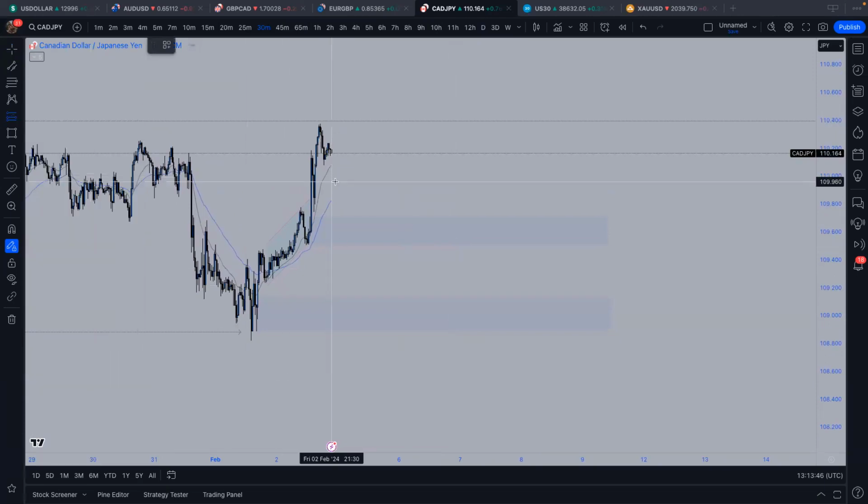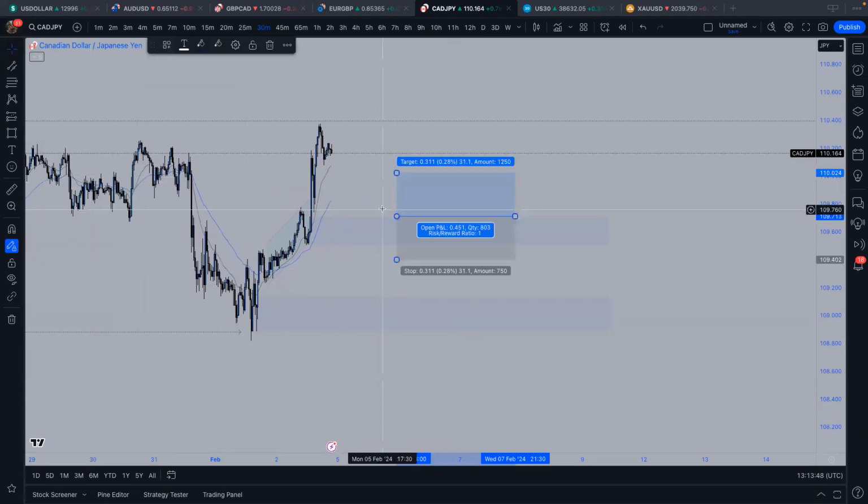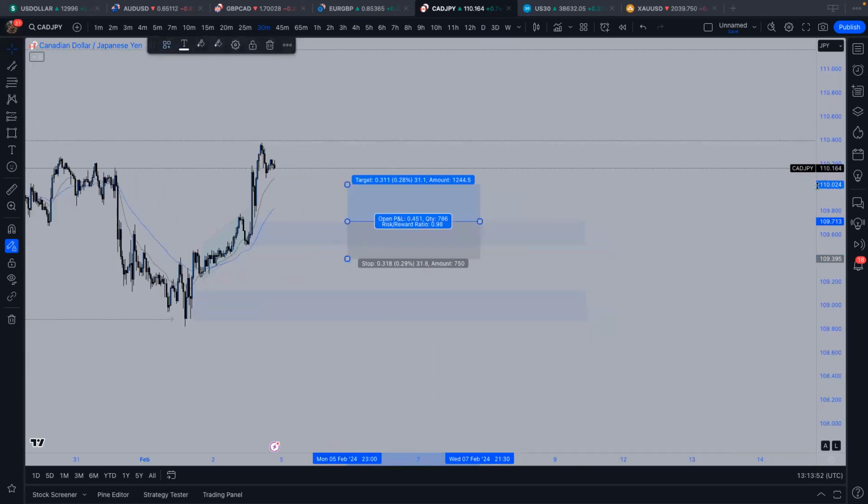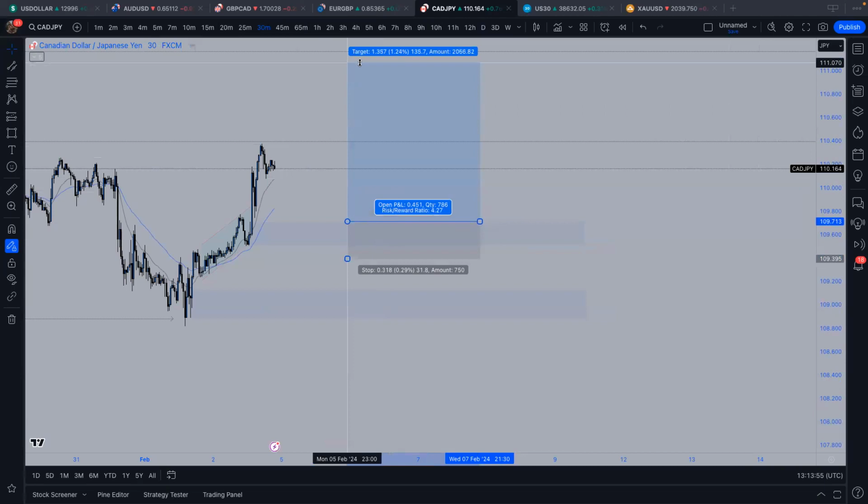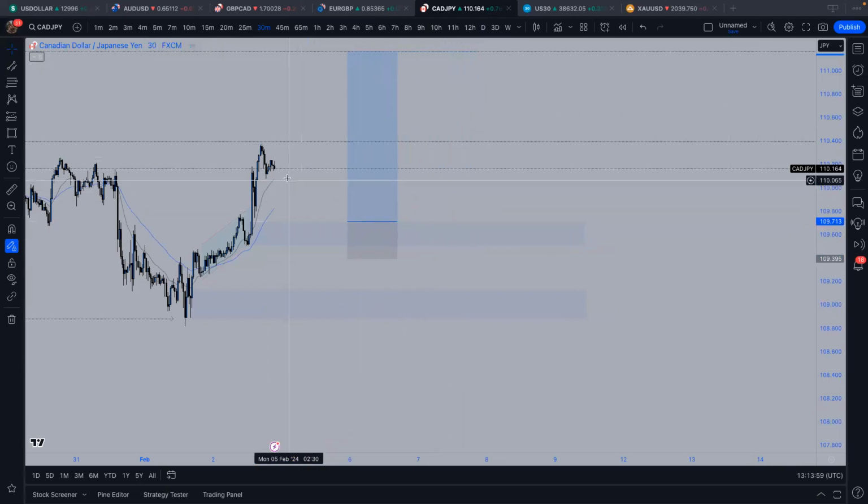How would I play this if I was maybe looking for longs off here? Potentially, I would just leave a bit if this did want to get run.